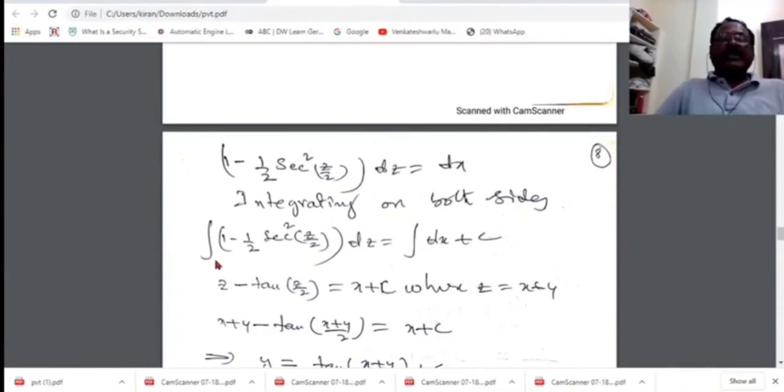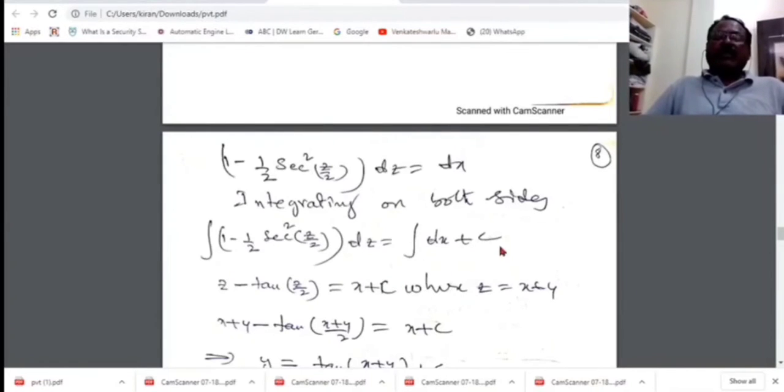Integrating with respect to z, we get z minus tan of z by 2, since the integral of sec square is tan, is equal to x plus c, where c is the integration constant and z is equal to x plus y.